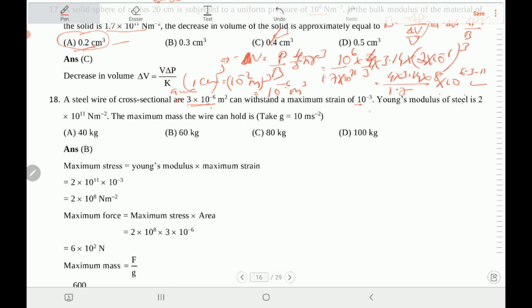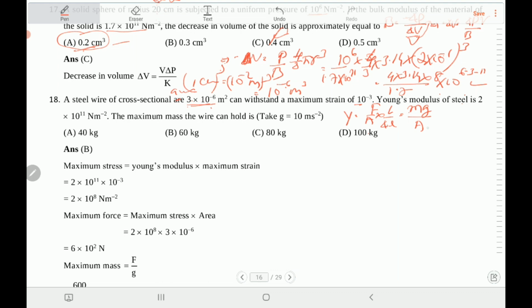First of all, you solve from the Young's modulus formula, force by area into delta L by L. L comes to the numerator by delta L. Here force is weight. What is weight? mg. Weight is mg, because by applying a weight you are pulling it down.